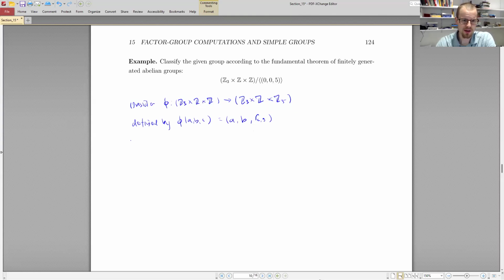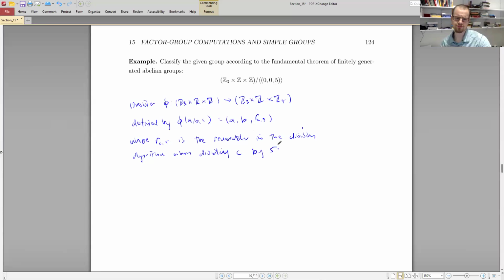All right, so where RC5 is the remainder in the division algorithm when dividing C by 5. All right, cool.